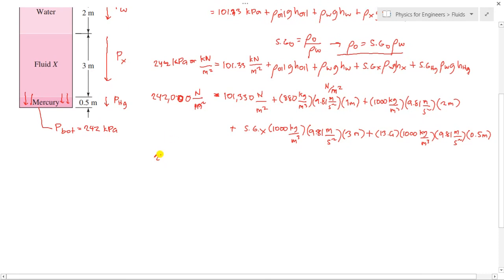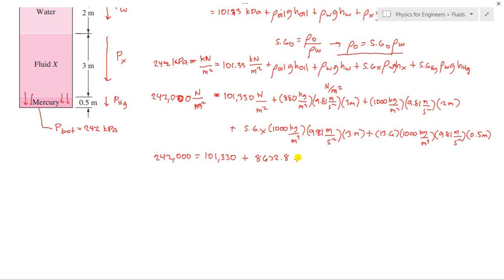So to simplify, 242 equals 101,330 plus ang oil kay 880 times 9.81 times 1, that is 8,632.8, then plus ang sa water 1,000 times 9.81 times 2, the answer is 19,620.